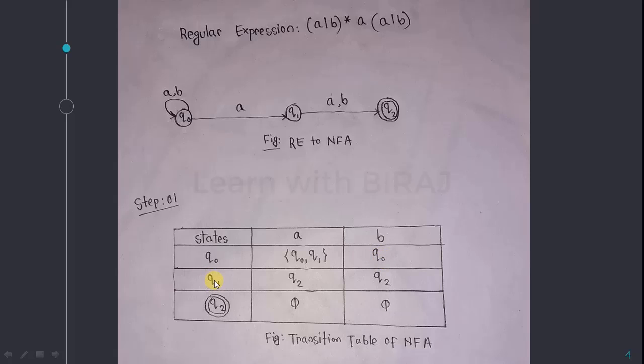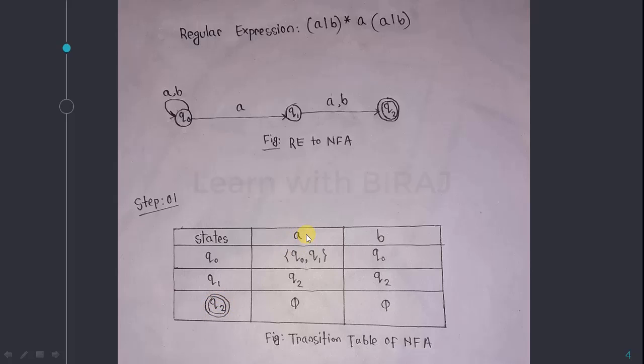The next state is Q1. Q1 with A input goes to Q2. Here we write Q2. And Q1 with B input also goes to Q2. Here we write Q2. The next state is Q2.